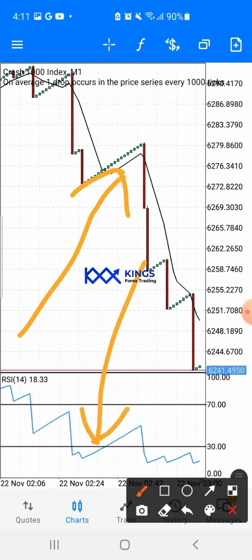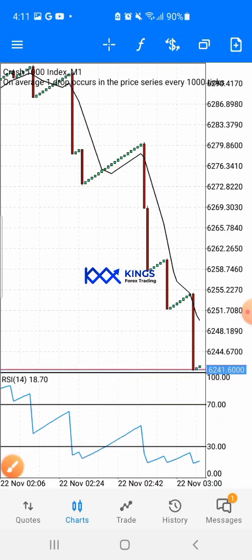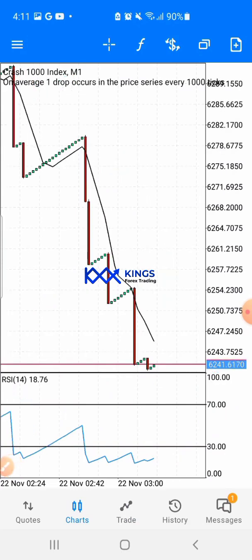The blue line is our RSI line. We have the levels, which are 70 and 30. The 70 we know is overbought, while the 30 is oversold. That's basically what we can see in this RSI right here.